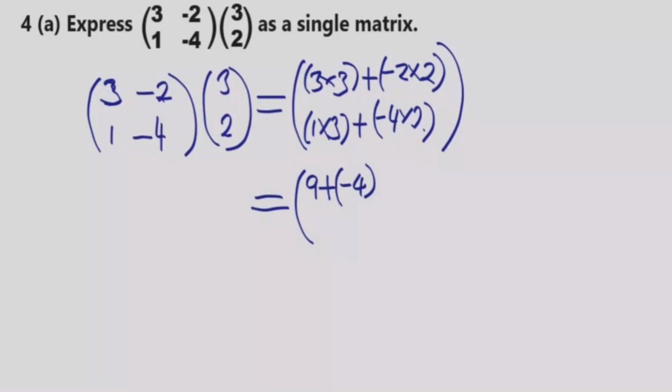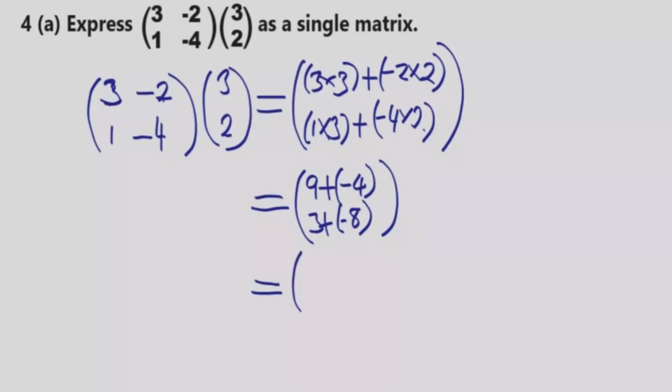Then we come down, 1 times 3 will give us 3, then plus -4 times 2 will give us -8. Then we close the matrix like that. Then we come down here and evaluate. So we have 9 plus -4.